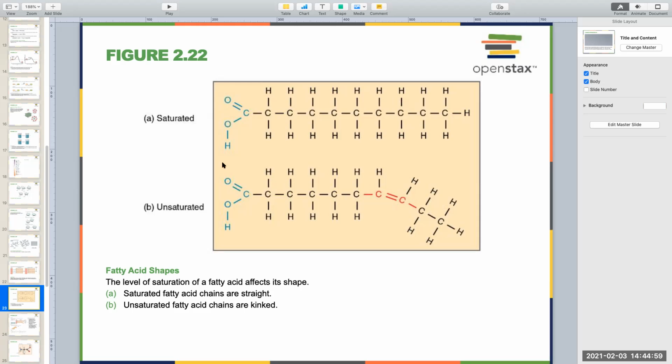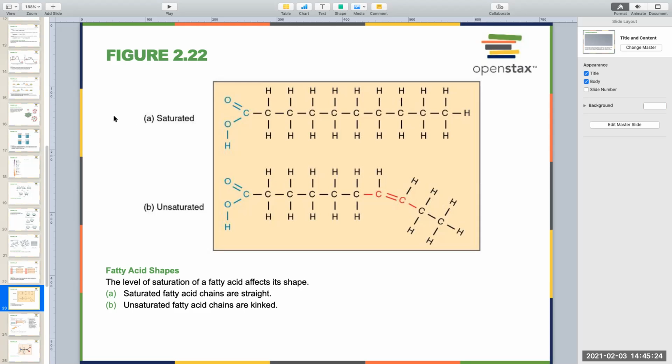The answer is saturated fats. Saturated fats are what are more likely to cause us harm and cause us atherosclerosis. Atherosclerosis is just a way of saying clogged arteries. Clogged arteries are not good because that impedes our blood flow, which we'll talk about later in the cardiovascular chapters.